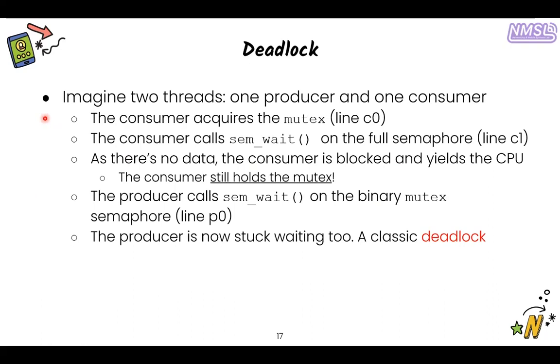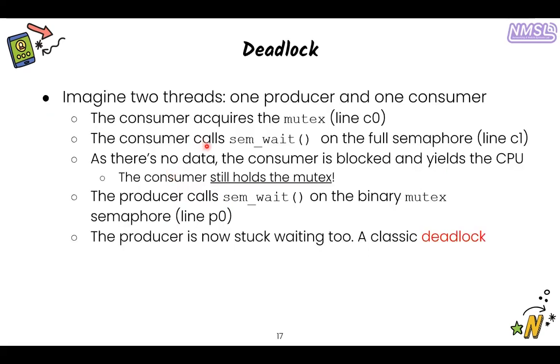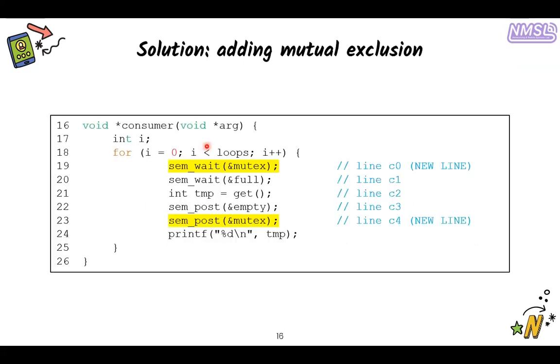However, this still isn't complete because there's something called deadlock. So let's imagine 2 threads, one a producer, one a consumer. Okay, let's say the consumer first acquires the mutex lock. Then consumer calls sem wait on the full semaphore.